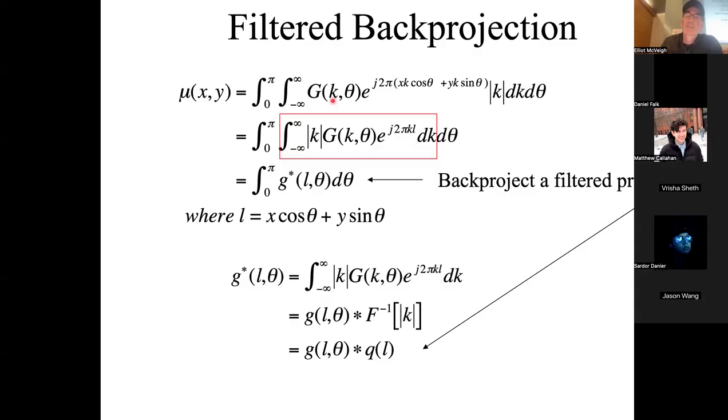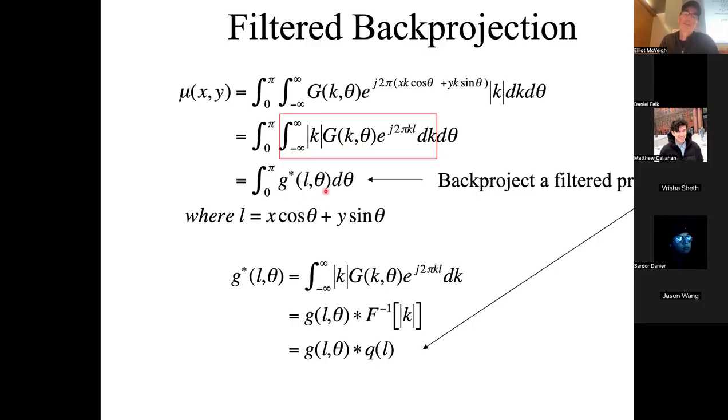What happened was when we went to polar coordinates, this k shows up. So we put that here when we're doing this inverse Fourier transform. And now I have not an inverse Fourier transform of gk theta, which I got from my data. I multiply it by this and do the inverse Fourier transform of that product, right, of k times gk theta.